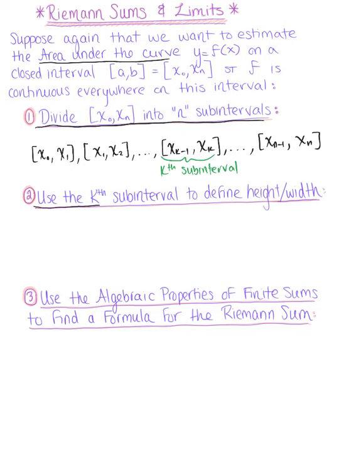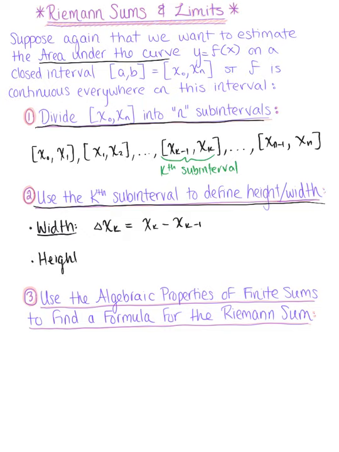So in step 2, we use the kth subinterval to define the height and the width. Our width is going to be the difference of the endpoints in the kth subinterval. So we can think about this as delta x sub k, and that's going to be the length of your interval, x sub k minus x sub k minus 1. And then the height is going to be the function evaluated at the kth point in the kth subinterval.